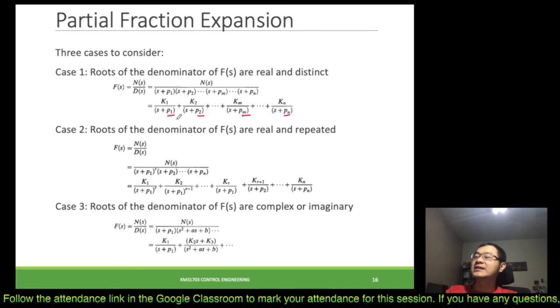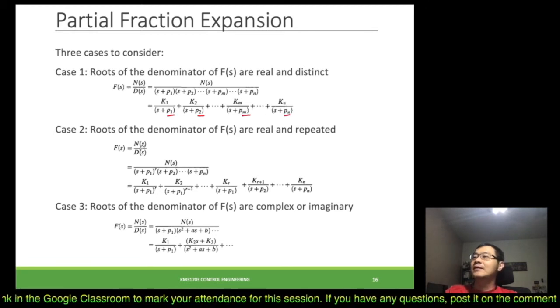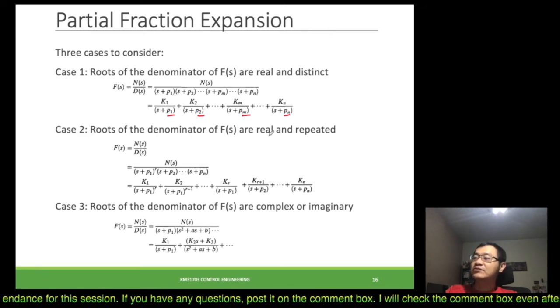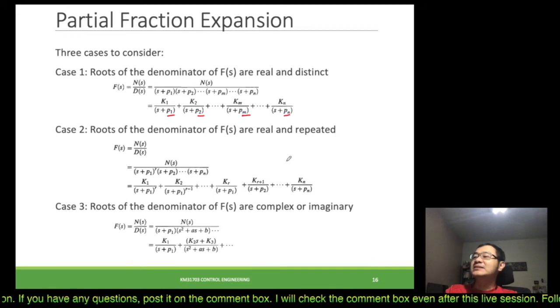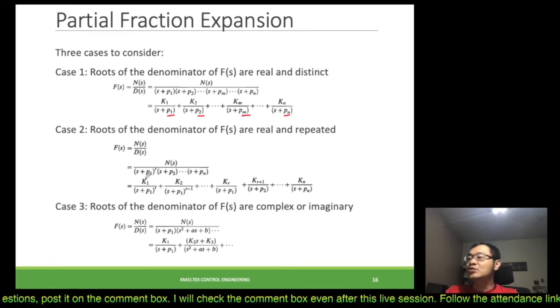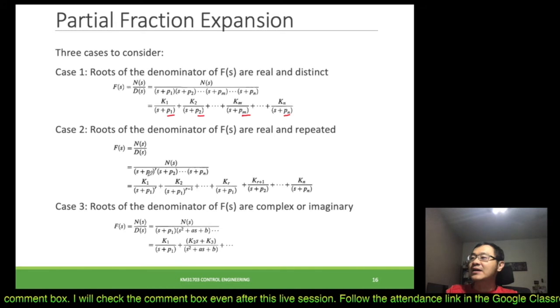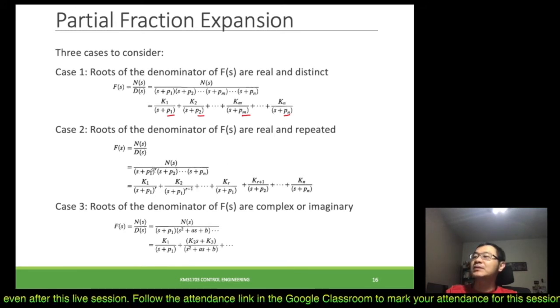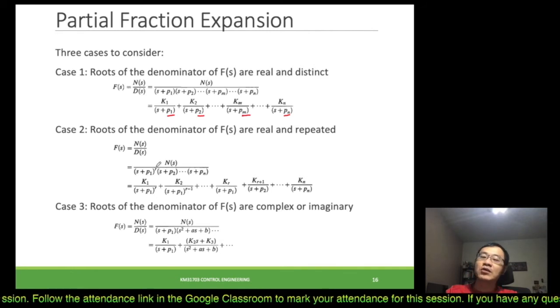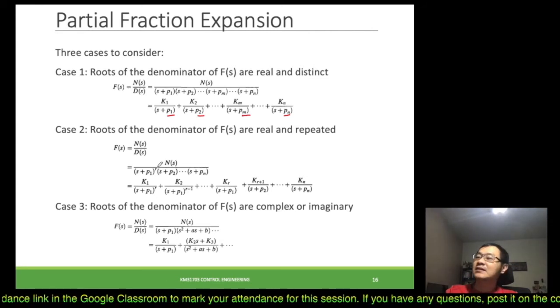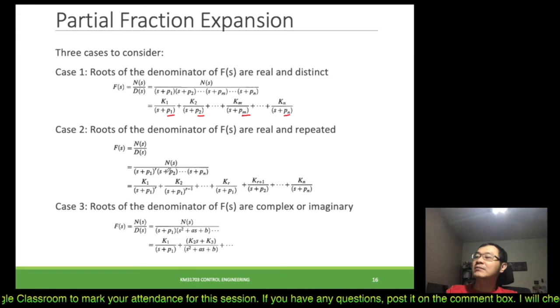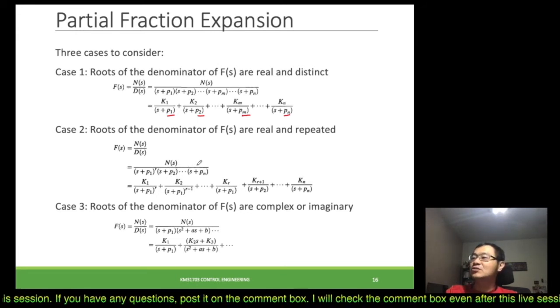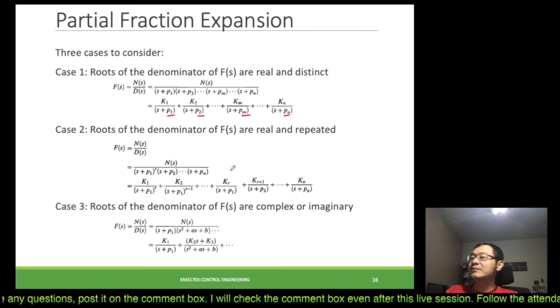They are real and distinct. The second case would be the roots of the denominator are real and repeated. Some of them are repeated, so you would see that they are a multiple of others. So you have s plus p1 to the power of r, maybe power 2, and so on, multiplied by s plus p1, p2, and so on. So they are repeated.